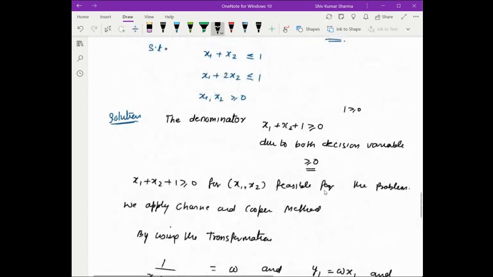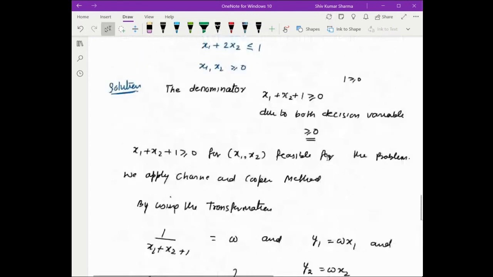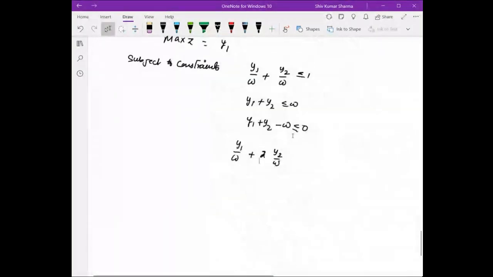Our second constraint is x1 plus 2x2 less than or equal to 1. In place of x1 we write y1 upon omega, plus 2 times y2 upon omega, less than or equal to 1.